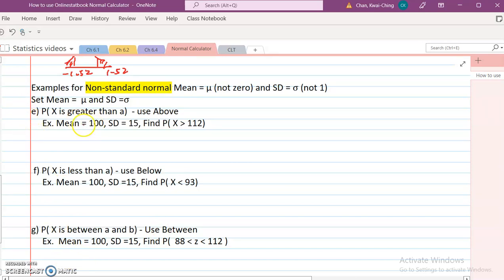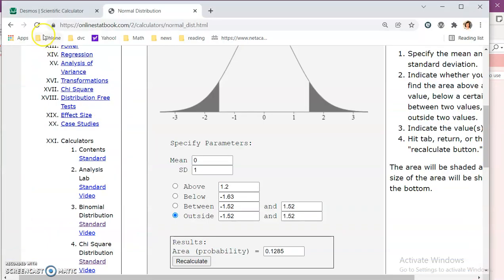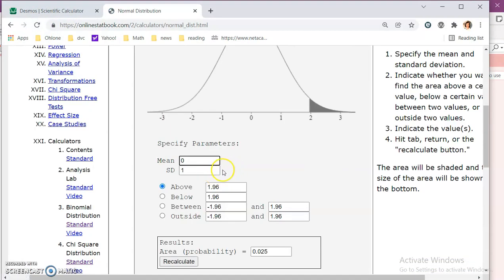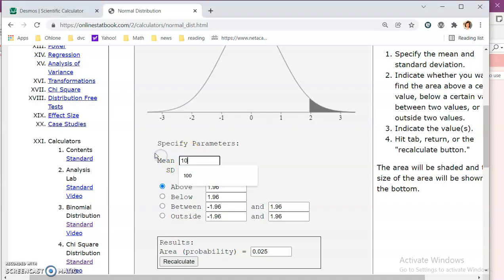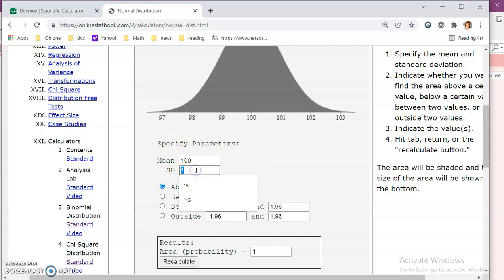Now we need to find x greater than 112. So this is what we want, x, not z. Anytime you have a new problem, you need to reload your calculator and then look at what mean and standard deviation you have. In this case, I'm not doing standard normal; it's most likely an IQ score with mean 100.